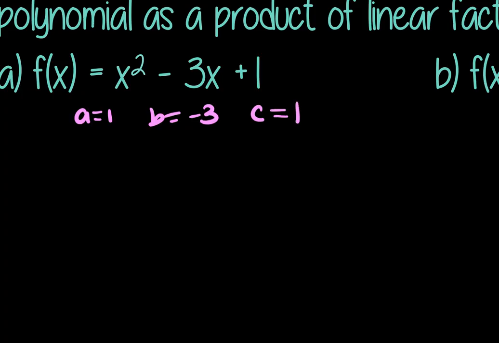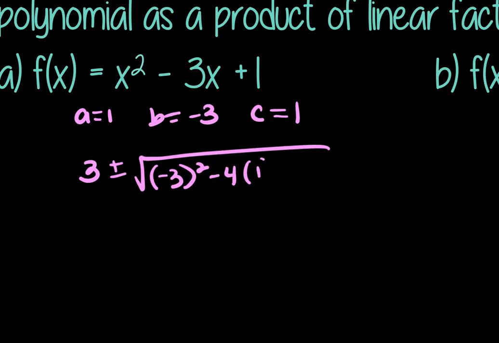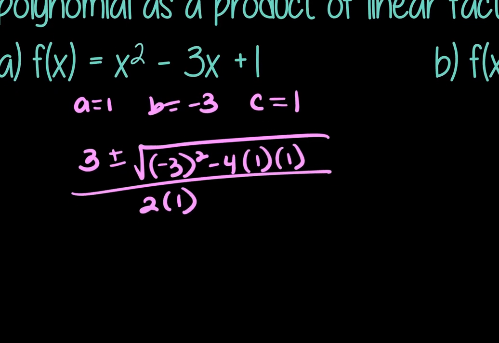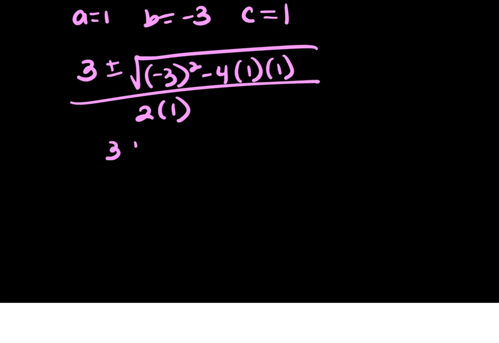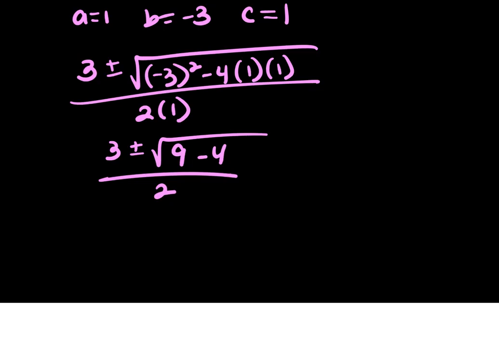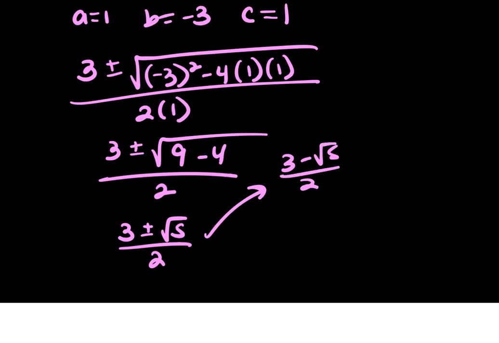So -b is +3, plus and minus the square root of b squared minus 4ac, all over 2a. 3 plus and minus the square root of 9 minus 4, over 2. 3 plus and minus the square root of 5 over 2. So this is (3 minus square root 5) over 2 and (3 plus square root 5) over 2.